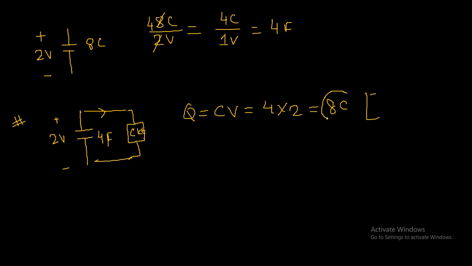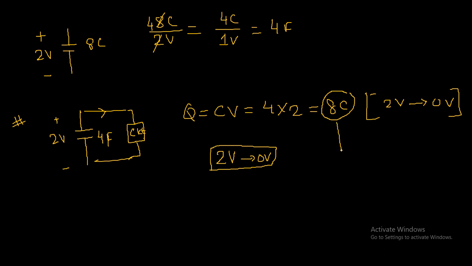After providing 8 coulomb of charge to a circuit, this capacitor will exhaust all the voltage, 2 volt to 0 volt. So the capacitor is able to provide 8 coulomb of charge, but it is not free of cost. Its expense is dropping 2 volt to 0 volt, exhausting all the potential difference.